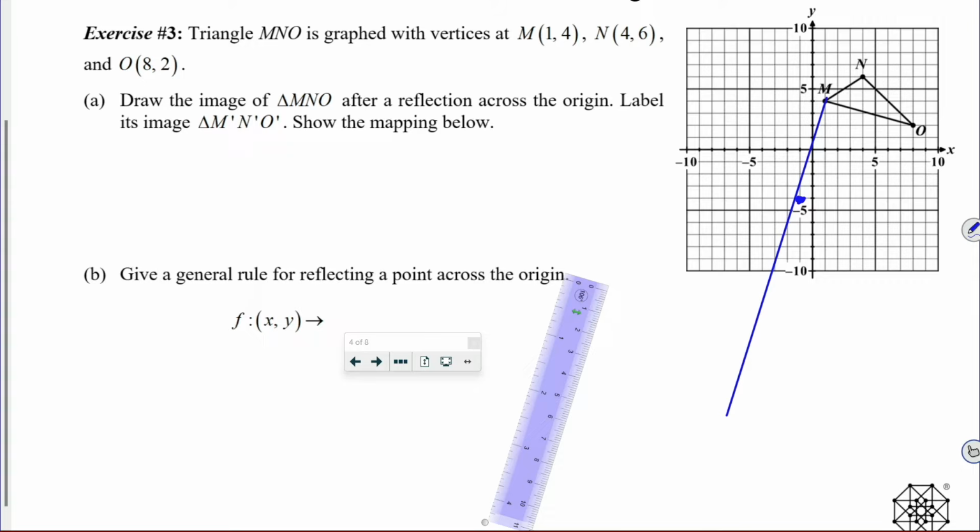I did not do the greatest job drawing that original line. So I'm going to just delete that. So I should have a point right here. So in other words, M, which is at (1, 4), should go to M prime, which is at (-1, -4).